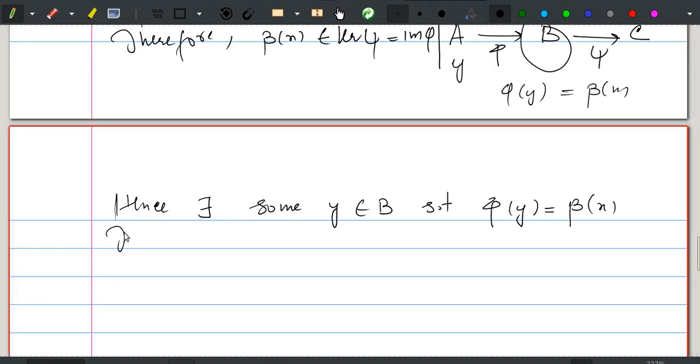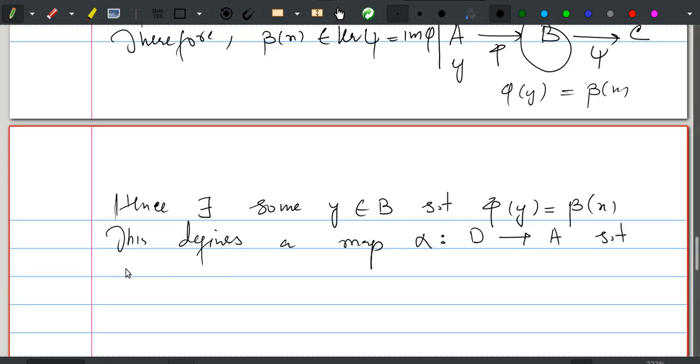So this defines a map, say alpha from D to A, such that alpha of x is this element y. Now we have to exhibit this alpha, we have to cook up such an alpha.